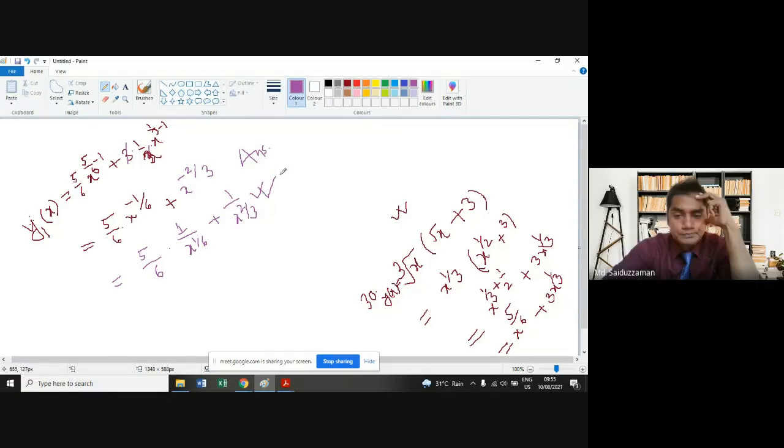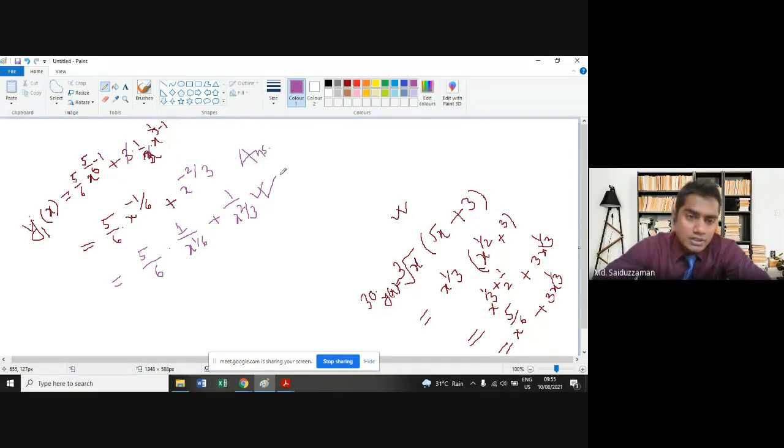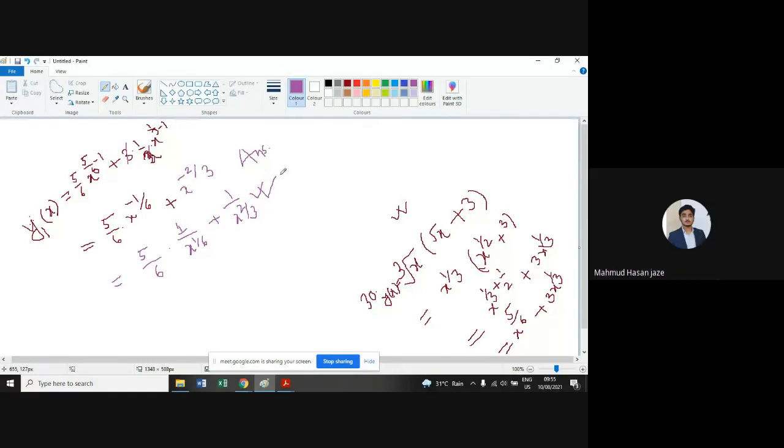Sir, I have a question. In this differentiation math, the important part is the line where we have done the differentiation. After this line, can we skip the rest of the math? You want to write only the differentiation part?